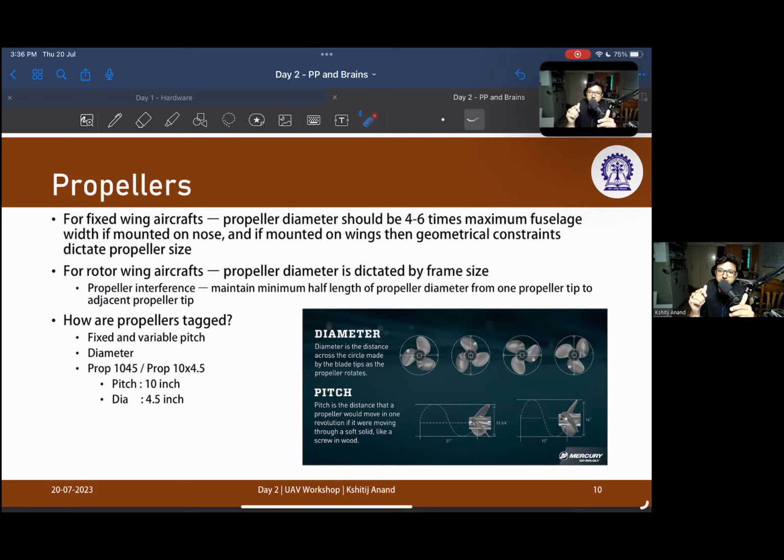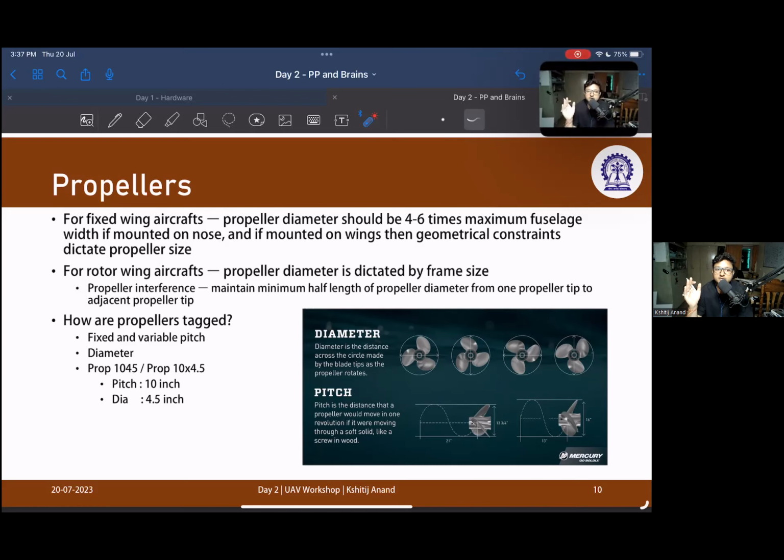If you want to mount these propellers or motors on the wings, you just need to keep in mind that the propellers should be quite far away from the fuselage or the wing root. The propeller tip closest to the fuselage where the wing is attached should be at least half of the propeller diameter away, or that distance should be the propeller radius.